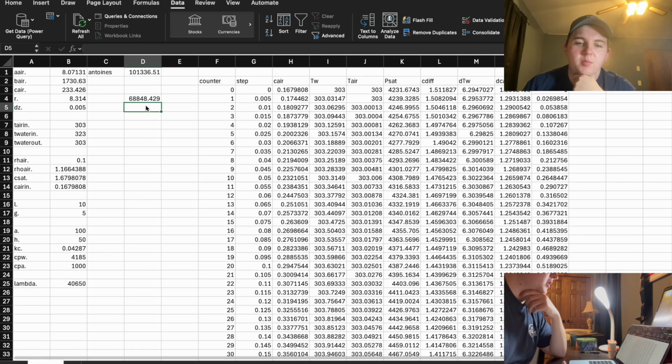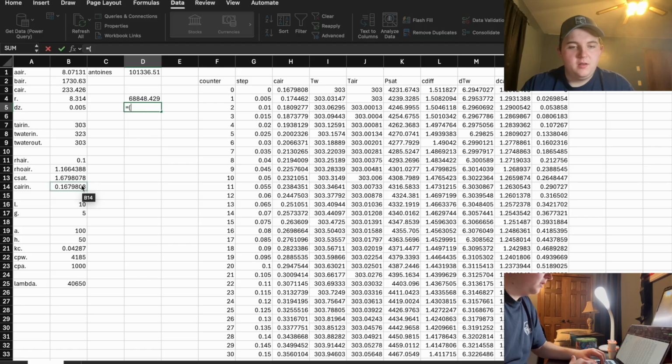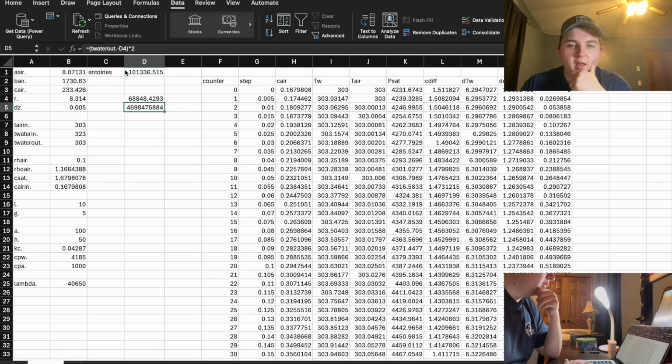I already have it up here from when I was running it off camera to make sure it was working. So what we're going to do is take that number, take our T water out, I believe, subtracted by this number, and then square that. And we get this very large number, and that's what we're going to use in solver.